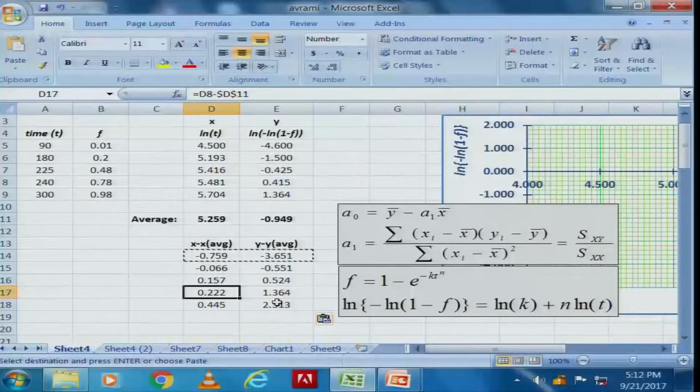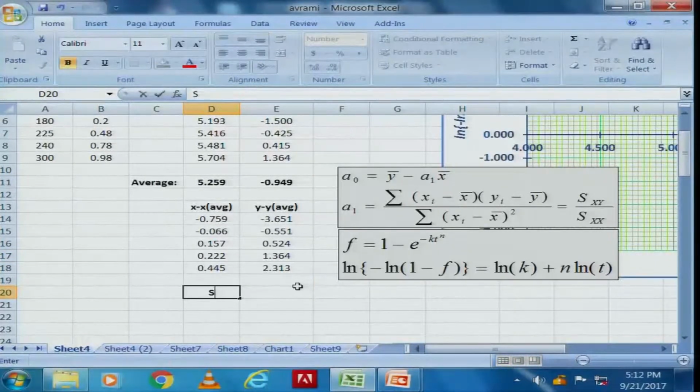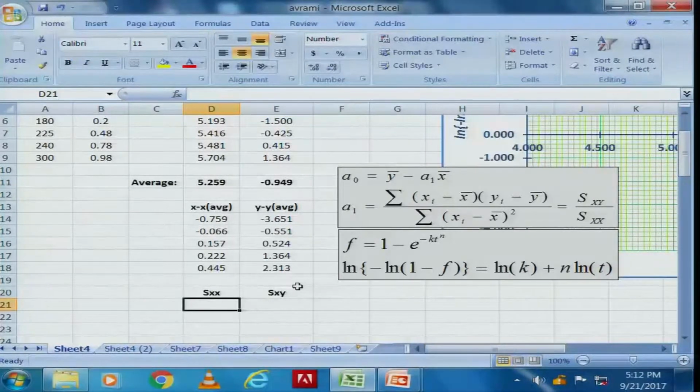Now, let me calculate Sxx and Sxy. Sxx is the sum of the squares of the deviations, xi minus x bar square.